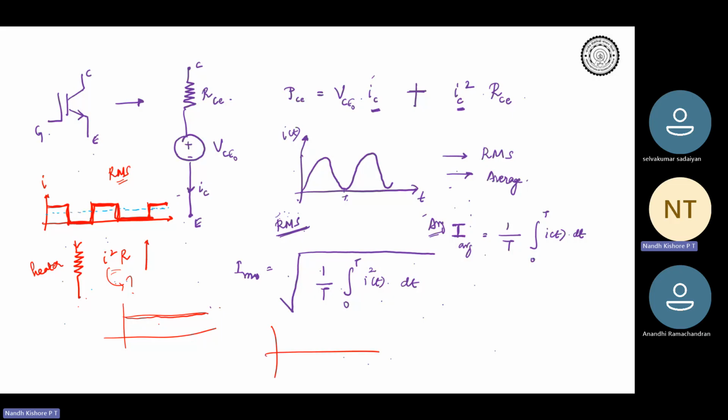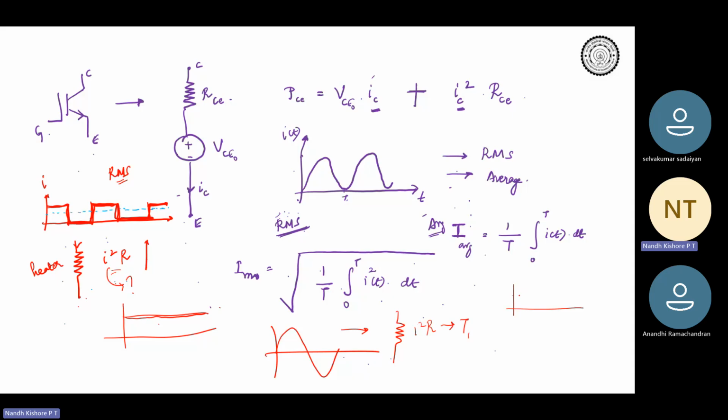Now if you have a sine wave and you pass it through a heater, the heater gets heated up. Why? Because there will be some I square R loss. Let's say the heater got heated up to a temperature T1.